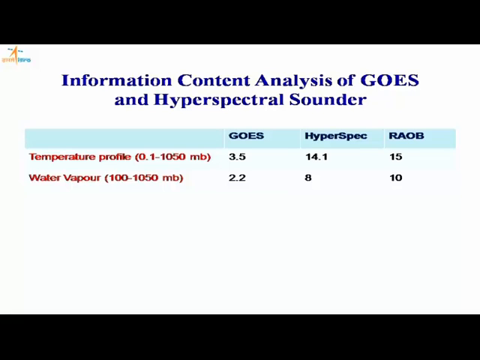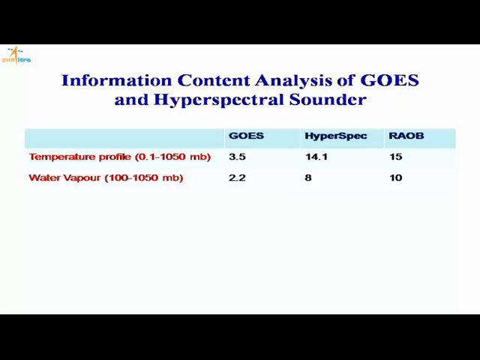And if you compare this with RAOB, that is radiosonde observation, you know radiosonde is launched from a ground based instrument, and it is the most accurate method for getting temperature and humidity profile observation so far. So if we compare with the information content of RAOB, which is 15, the hyperspectral sounder is coming quite close to it, whereas GOES was giving information far lower than the radiosonde observations.